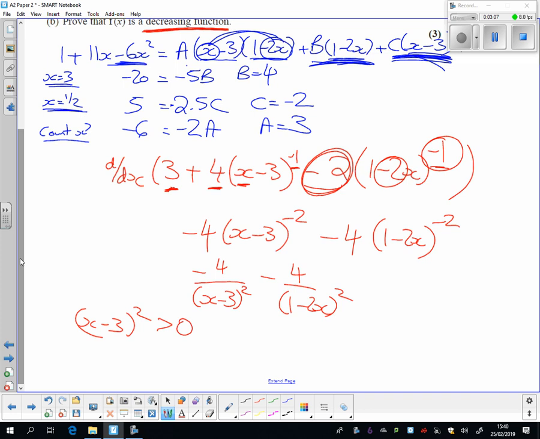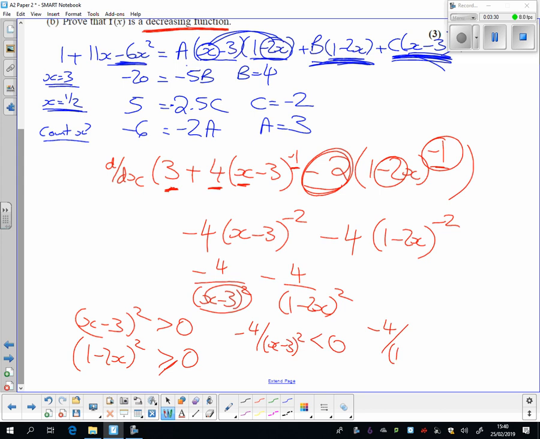Can't be equal to 0 because x was greater than 3. 1 minus 2x squared is always going to be greater than 0, or greater than or equal to 0. So that means if this is always positive, then this bit here is always negative.